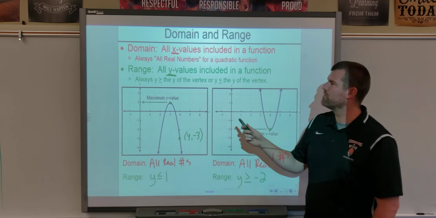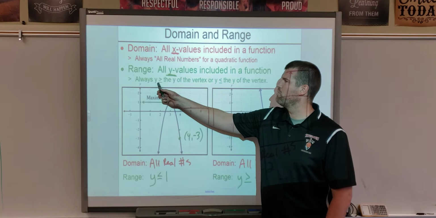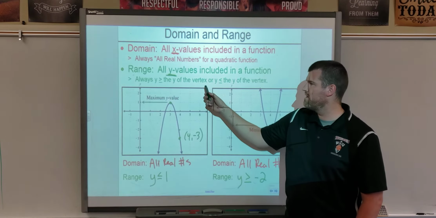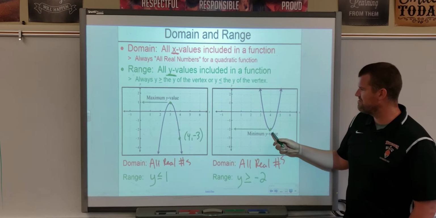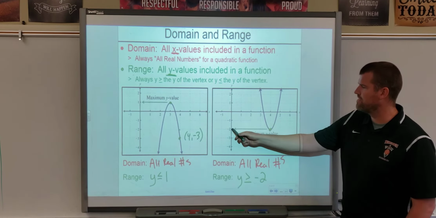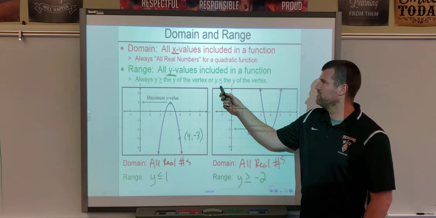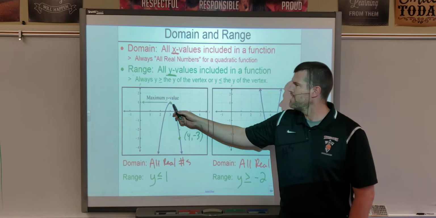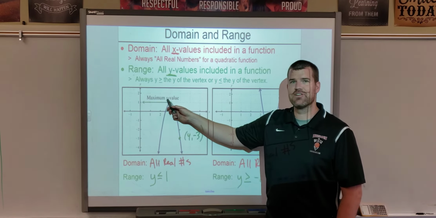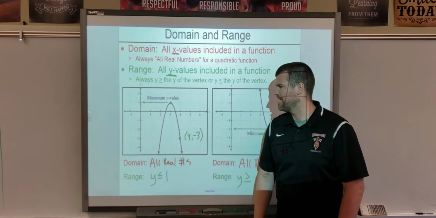So essentially, when we're doing range, it'll always be y is greater than or equal to the y of the vertex, if it's opening up. Or, if it's opening down, we're going to be less than or equal to the y of the vertex.